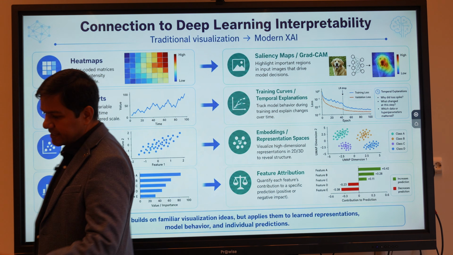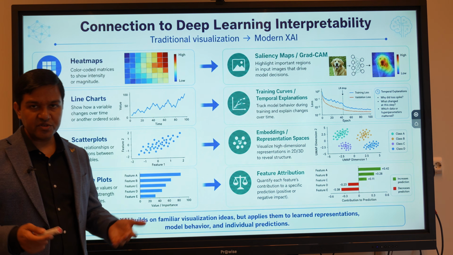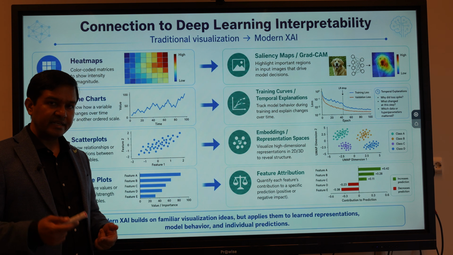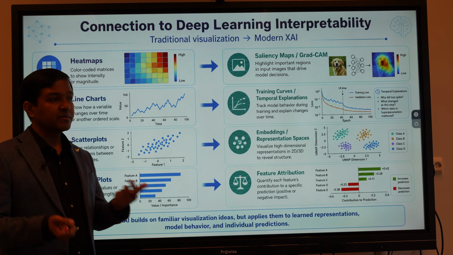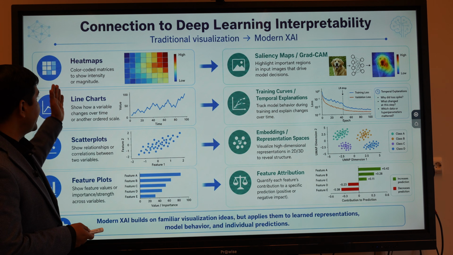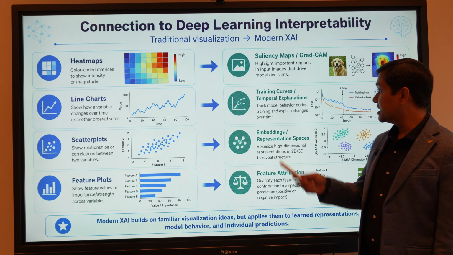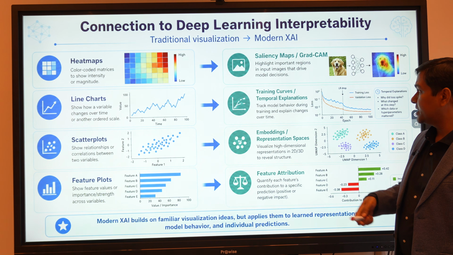So what is related to deep learning? We saw different kinds of visualization. These visualization tools, tricks and techniques have their place in deep learning for interpretability. A heat map is used as a Grad-CAM activation map to show where the model is looking while giving the prediction.